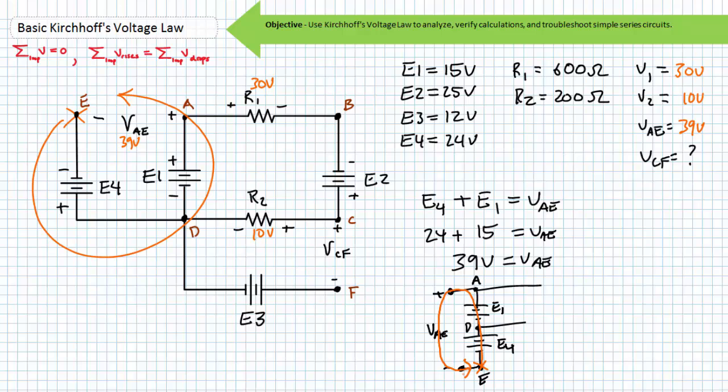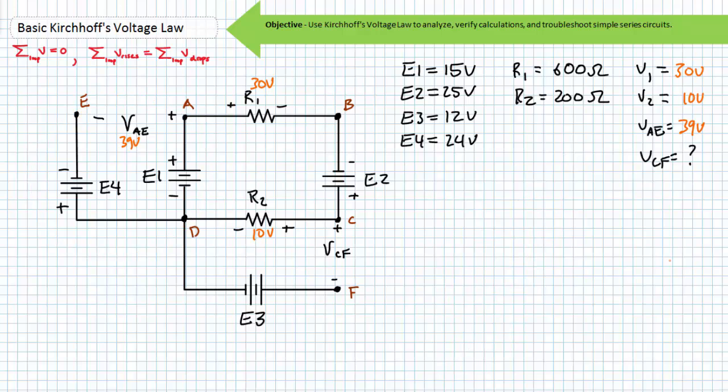To solve for our last unknown voltage of VCF, we need to use another loop. Again, this is a loop with no physical closure, of which the open circuit voltage, VCF, is part. I'm just going to randomly start here and randomly go counterclockwise. From node D, we go through E3 minus to plus. Therefore, it is a rise, and it goes on the left-hand side of the equation.